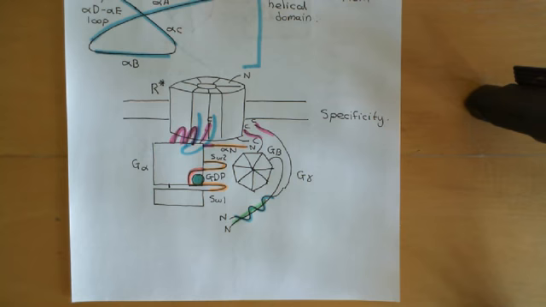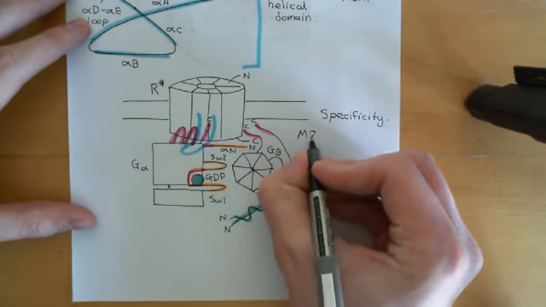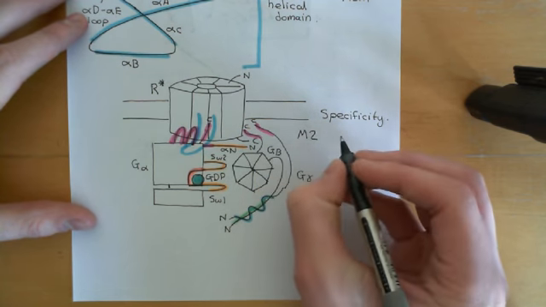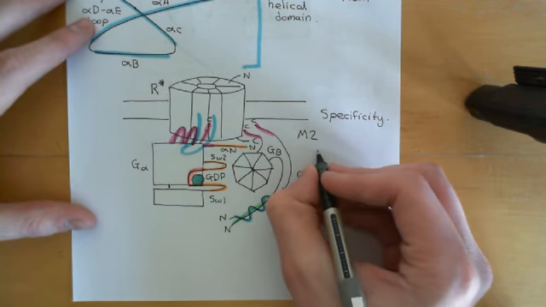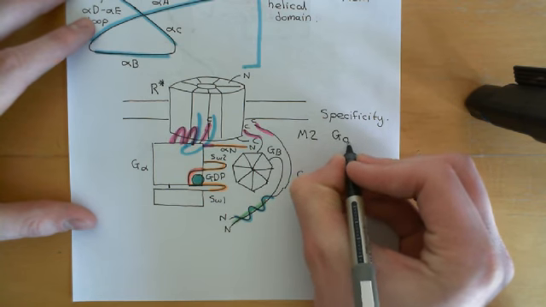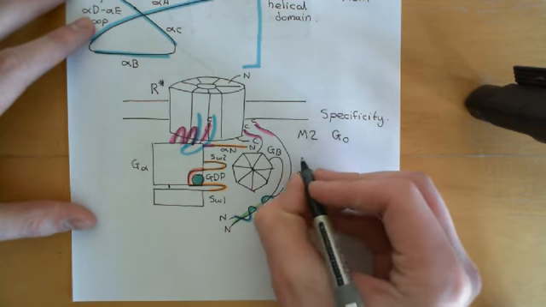To give you an example of that, let's take the example of the M2 receptor, a muscarinic acetylcholine receptor. Basically, the M2 receptor can activate heterotrimeric G proteins of the GO type, where the alpha subunit is G alpha O. However, the beta and the gamma subunits do matter.